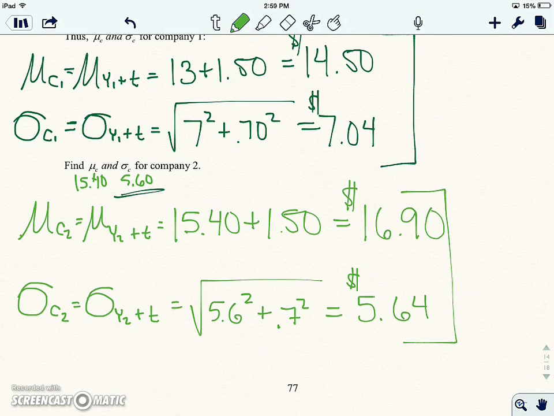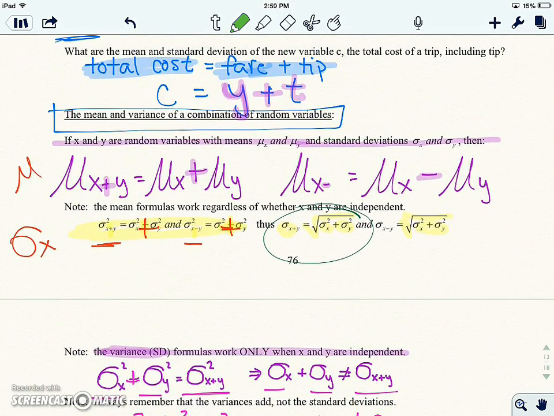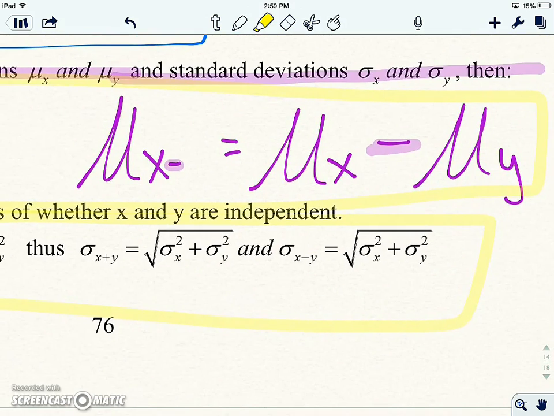That's including the tip. So again, we're just learning how to use the formulas. The first formula being this one right here. Okay, and the second formula being the one I kind of skipped over, these two. And you can use either one. I used this one back here.